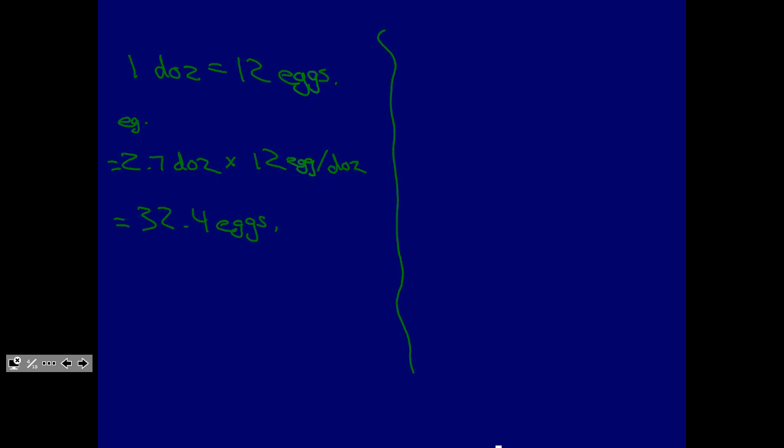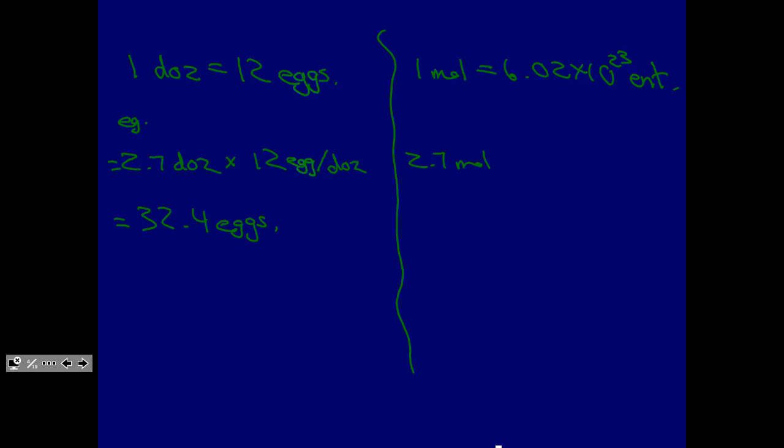Now let's think about the mole. 1 mole is equal to 6.02 times 10 to the 23 entities, little tiny things. So the logic is exactly the same. If I had 2.7 moles of something, how many entities would there be?